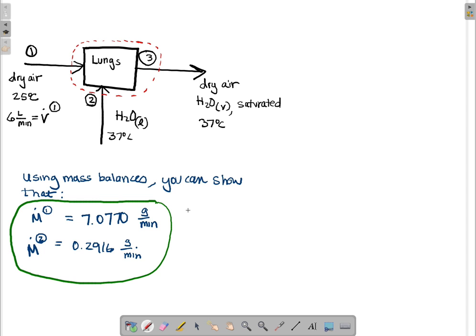And the mass flow rate of water in stream 2 is 0.2916 grams per minute. You can show that by the mass balance. And in stream 3, you have the same flow rate of air as in stream 1, and the same flow rate of water as you have in stream 2. So we're operating at steady state.